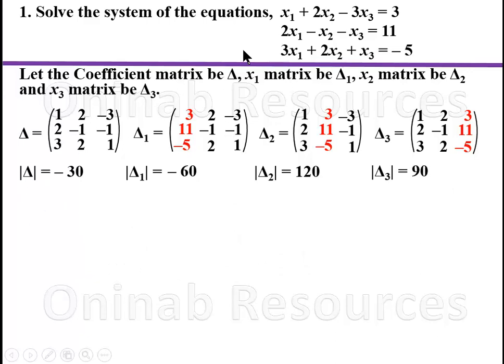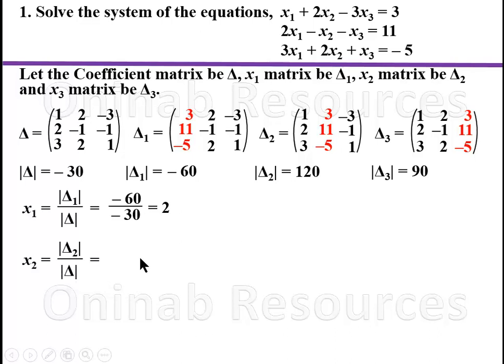So we now go ahead to find the value of x1. To get the value of x1, it is determinant of delta 1 over the determinant of delta, which is negative 60 divided by negative 30, and that gives 2. So for x2, it is determinant of delta 2 divided by the determinant of delta, which is 120 divided by negative 30, and that gives negative 4.